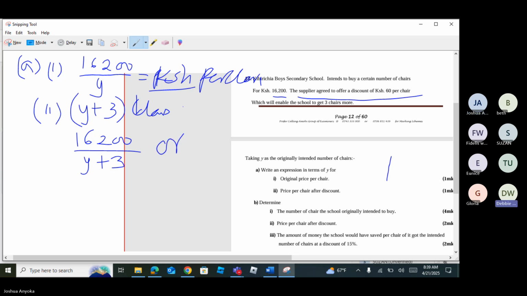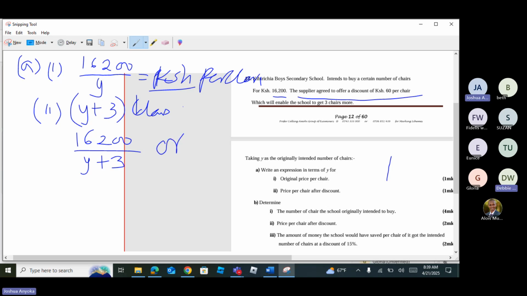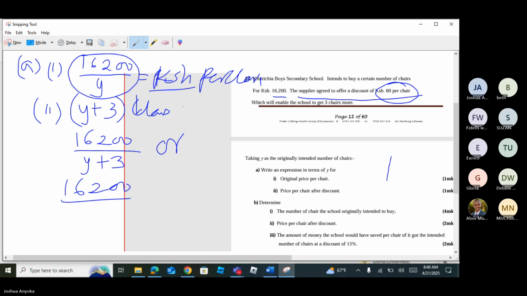Alternatively, we focus on the 60. The supplier agreed to offer a discount of 60 shillings per chair. So it means the original price, which is 16,200 over Y, will reduce by 60 shillings.